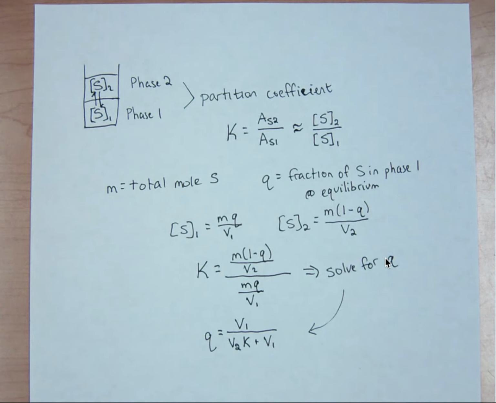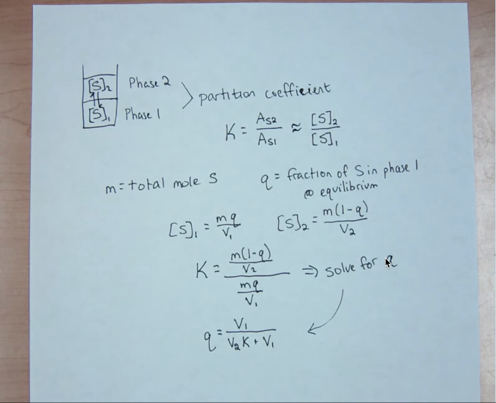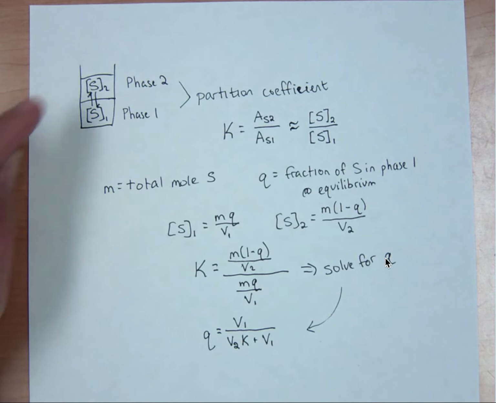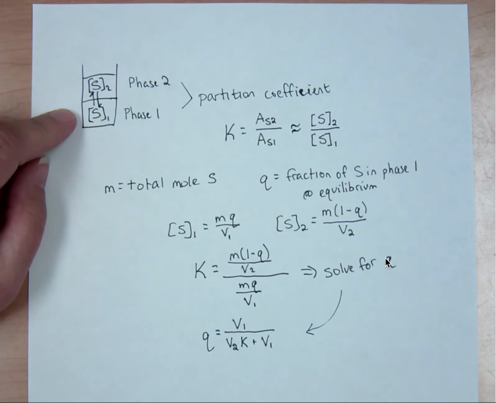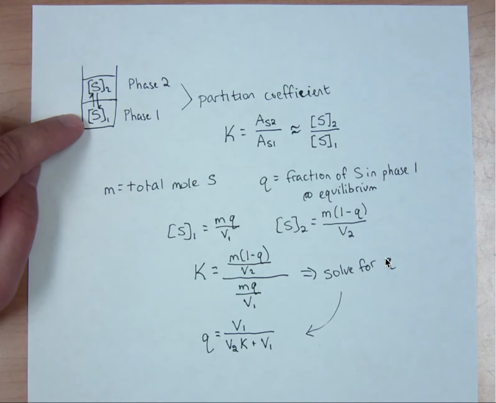And so what does it mean to be very efficient? Well, we would say an efficient extraction is one where we have all of our analyte, or as much as possible, moved to phase 2, and very little remaining in phase 1.